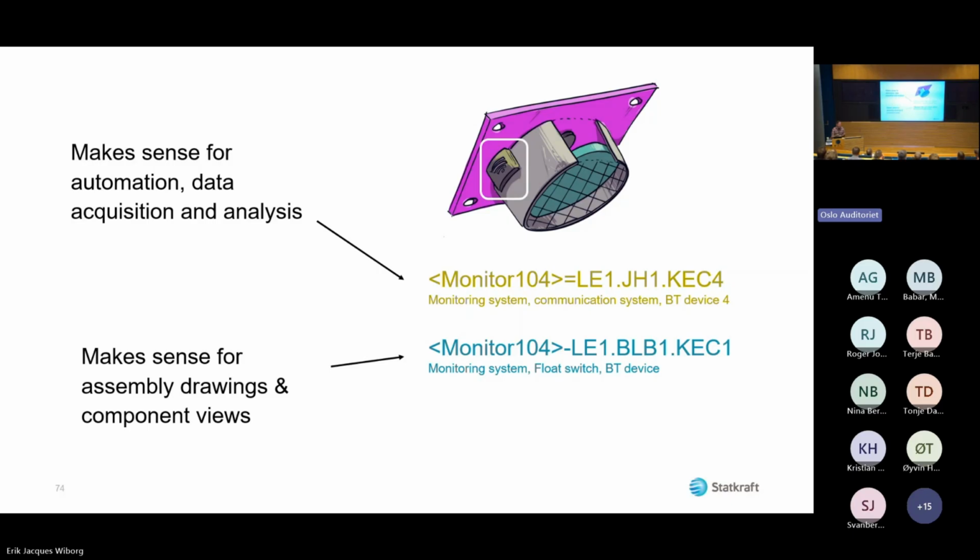This is why these structures will be a little bit different, especially as you go down the structure. On the upper levels, they're going to look the same, or not the same, but they're going to overlap. And then as you go into the details, because you have different intended use, they will probably look different.